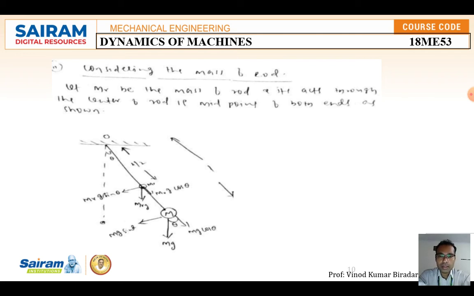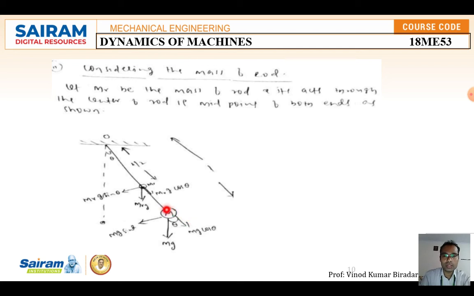While rotating, there are three forces acting on that particular mass, which is called a bob. One is the gravitational force, mg. Along one side, from the original position, the force component is mg sin theta, and on the other side we get mg cos theta.